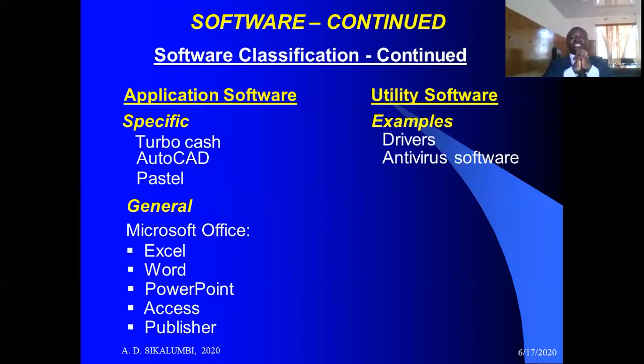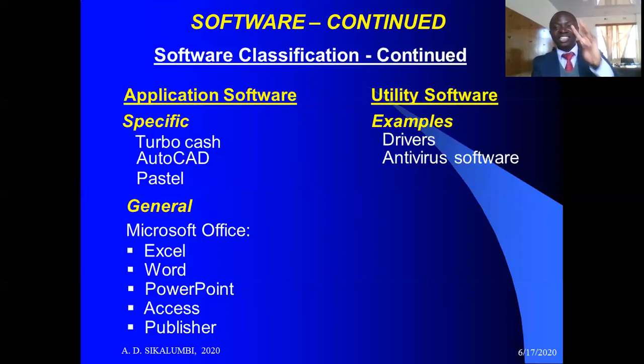So is the objective achieved? Discuss various classifications of computer software with relevant examples. Yes, we've discussed the classifications. We defined what computer software is, sets of instructions used to perform or to operate the computer.